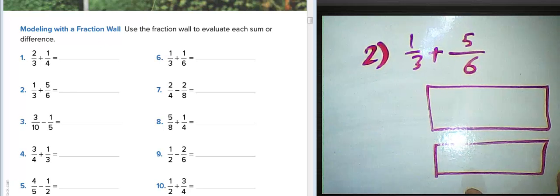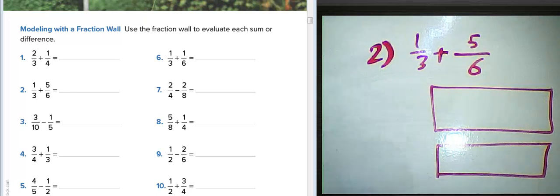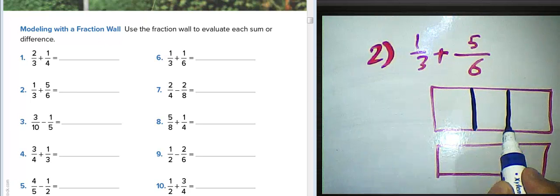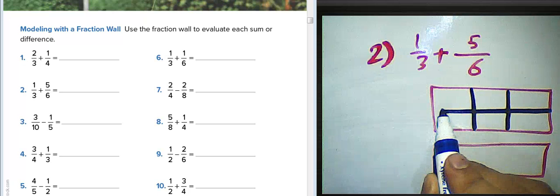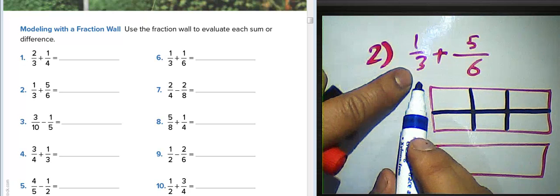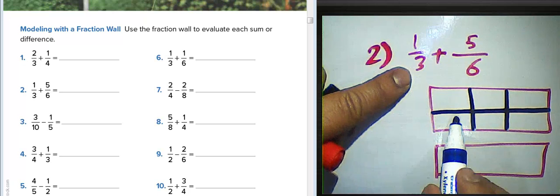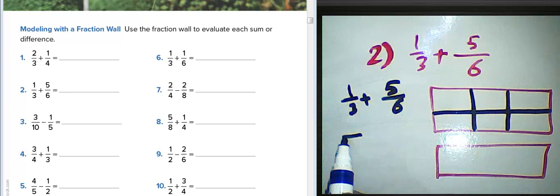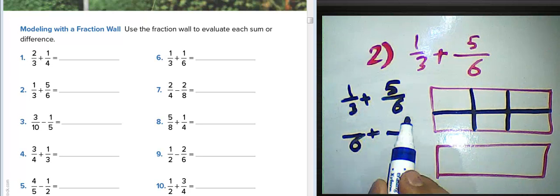Then we must draw 2 rectangles here and divide one into 3 parts, and the other into 6 parts. The least common multiple between them will be 6.